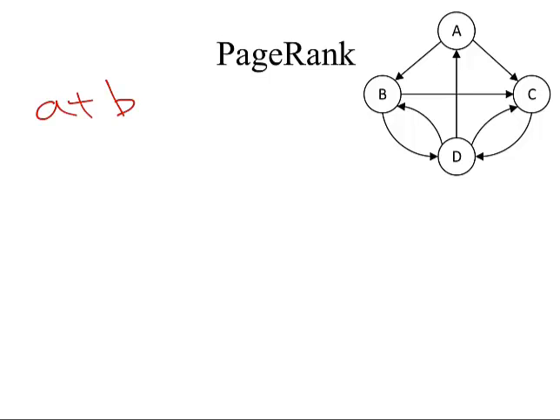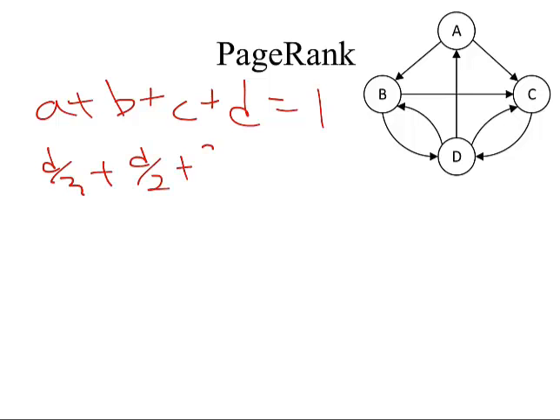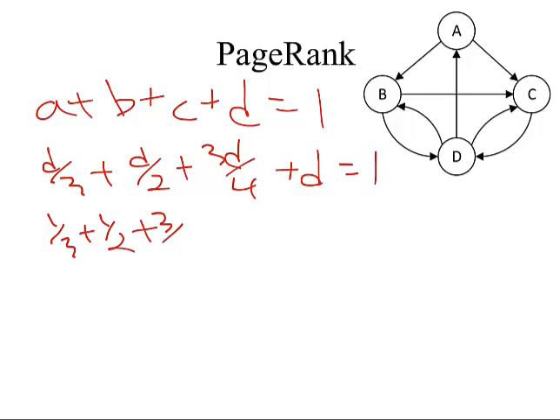A plus B plus C plus D has to be equal to 1. And using the relationships that we just got for each of the variables, we have that D over 3 plus D over 2 plus 3D over 4 plus D has to be equal to 1. So therefore, if we add all these fractions up, 1/3 plus 1/2 plus 3/4 plus 1 is equal to 31 over 12.